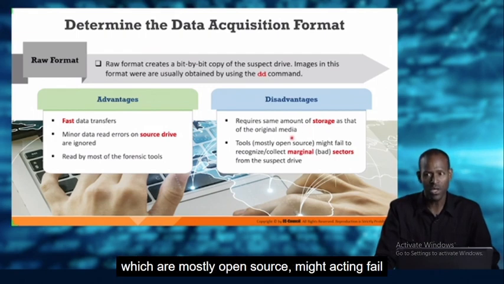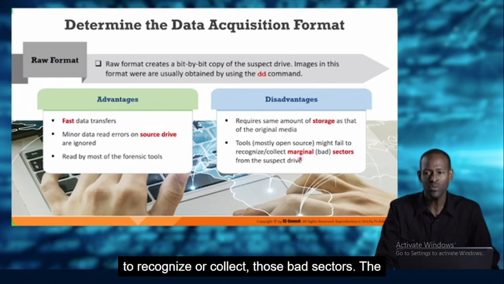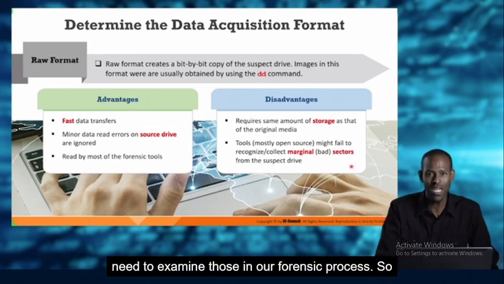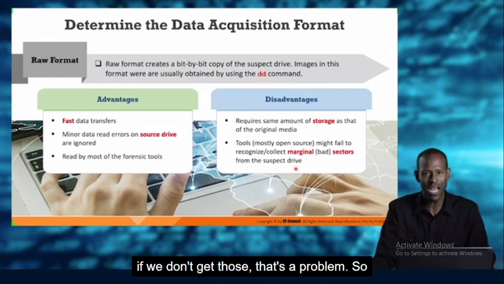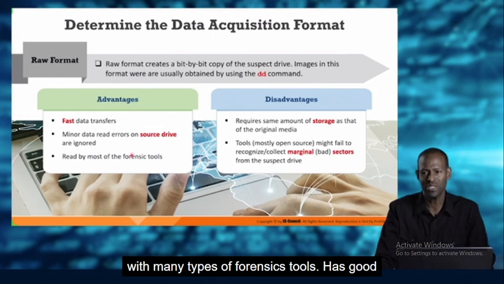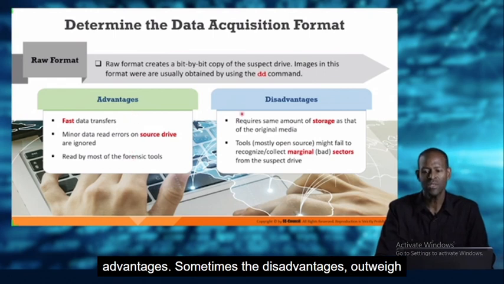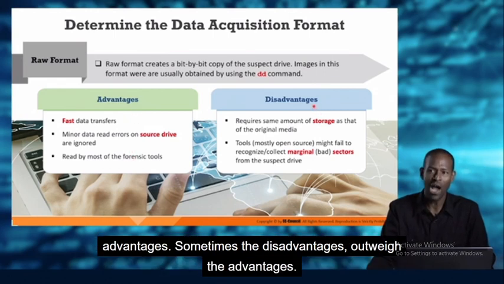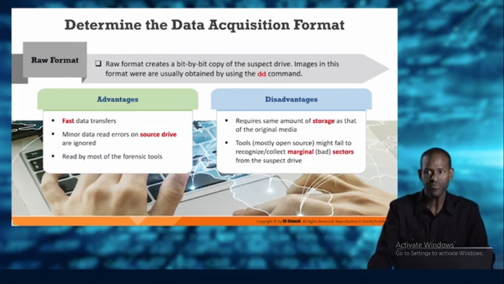Tools, which are mostly open source, might actually fail to recognize or collect those bad sectors, the marginal sectors. We need those because we need to examine those in our forensic process. So if we don't get those, that's a problem. So DD, even though it's well used and integrated with many types of forensics tools, has good advantages. Sometimes the disadvantages outweigh the advantages.